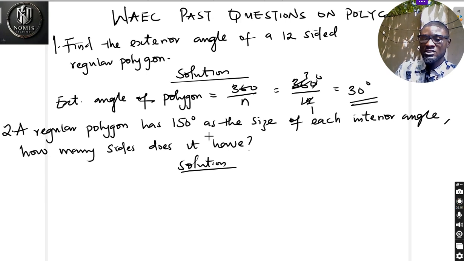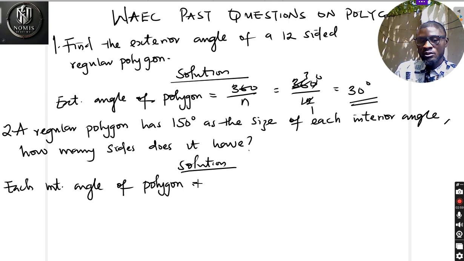Since we are dealing with interior angle, remember from the previous video how to calculate each interior angle of a regular polygon. So each interior angle of a regular polygon is equal to n minus 2 multiplied by 180 divided by n.